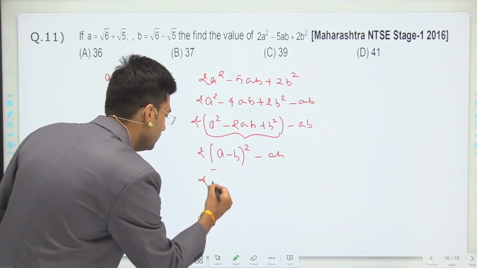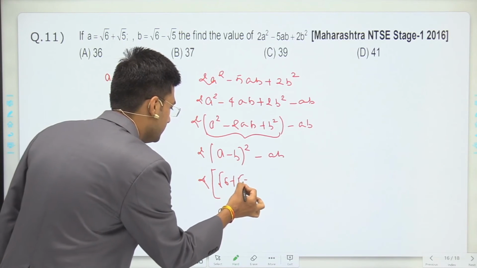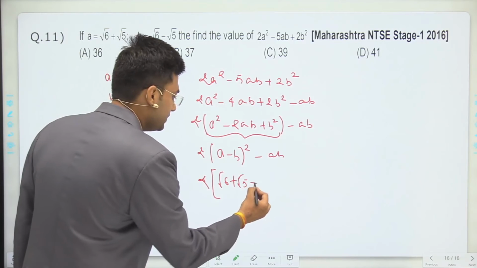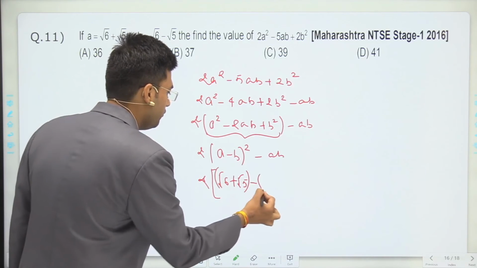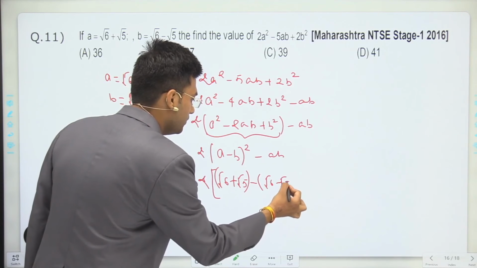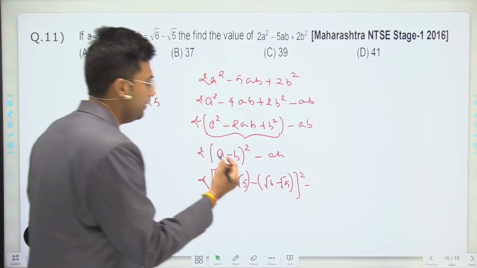So 2, the value of a is root 6 plus root 5. Clear? Minus the value of b, root 6 minus root 5, and whole square, minus a multiplied by b.